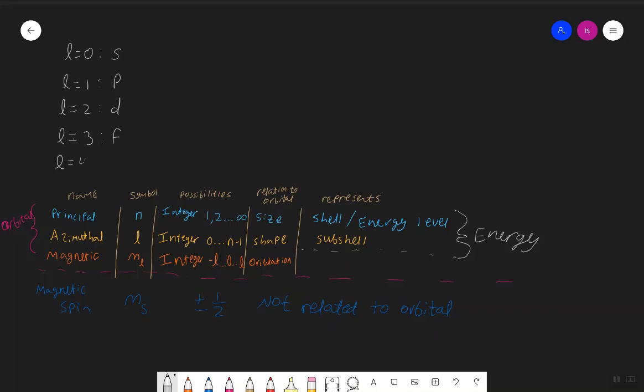L equals 4 would be G, and then they just continue alphabetically, although I believe they skip J.